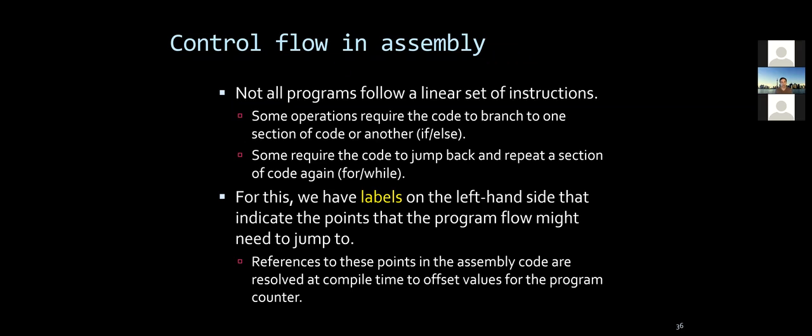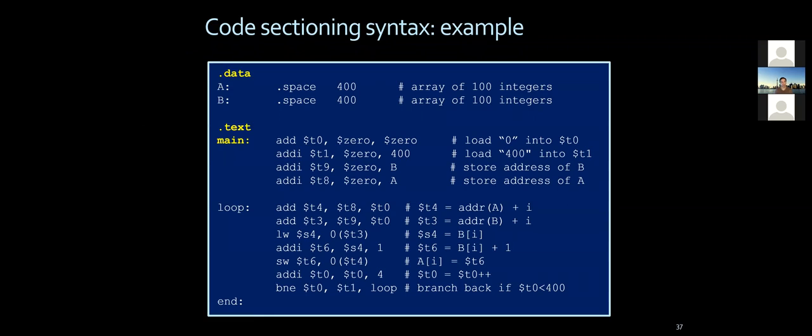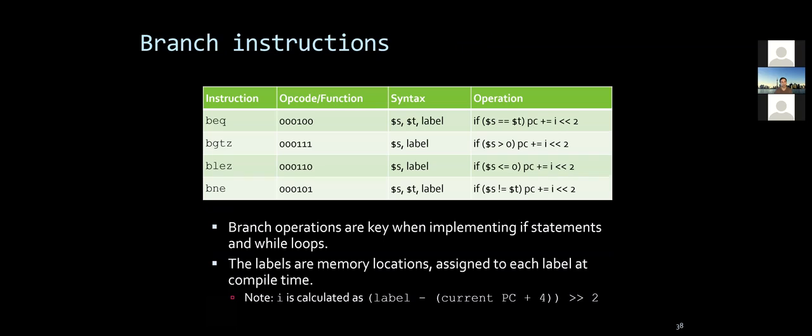For this, we have labels on the left-hand side that indicate the points that the program flow might need to jump to. References to these points in the assembly code are resolved at compile time to offset values for the program counter. Those are the examples of labels you see, like main and loop.